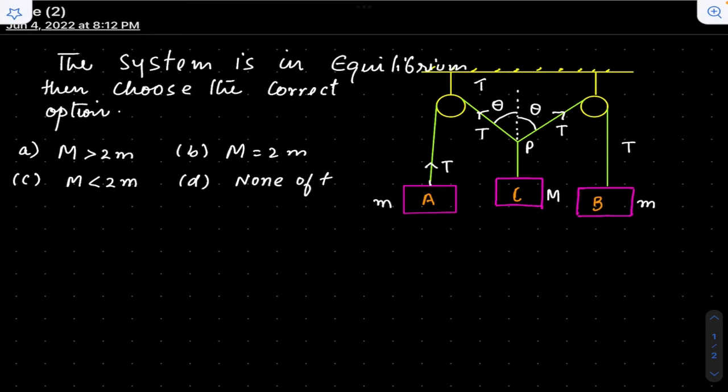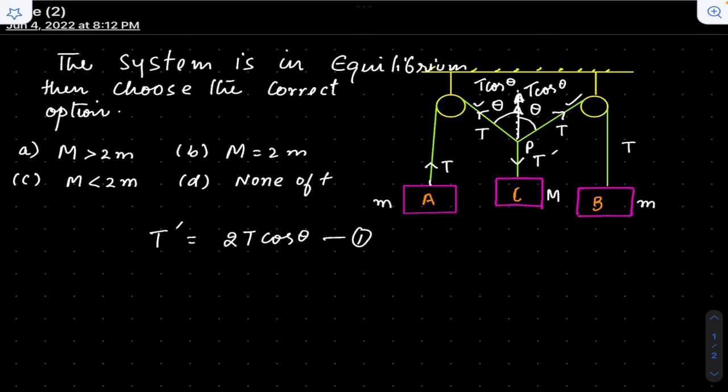So here becomes T cos theta from one side, and from this string again T cos theta in the upward direction. I am drawing two arrows. These two T cos theta are acting at point P in the upward direction, and here let's say this is T dash in the downward direction. So T dash is equal to 2T cos theta.